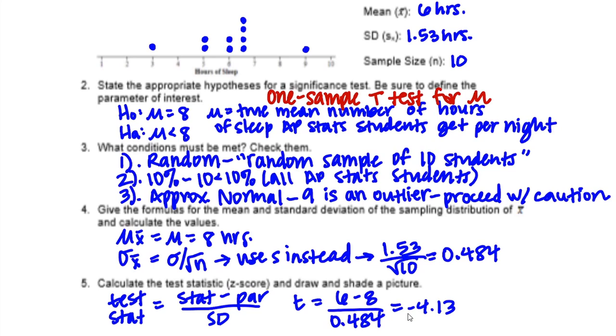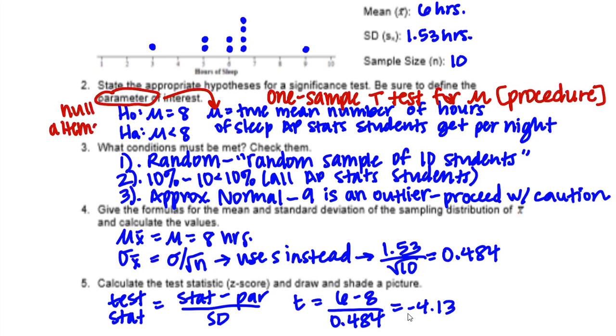That's going to be our procedure. And then we have our parameter here. These are our hypotheses, our null and alternative, so you should remember that. But make sure we're using mu now. So that's going to be the P part of PASS, as we know. Then we have the A part of PASS, which are assumptions and conditions.